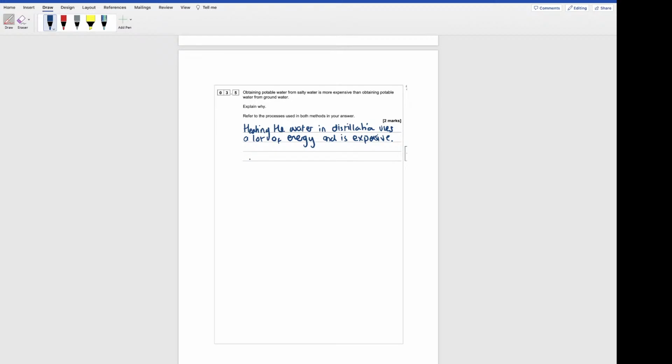Groundwater treatment only needs filtering and, well, sterilizing with chlorine. Only needs to be filtered and treated with chlorine. Okay, quite a lot there for 2 marks.